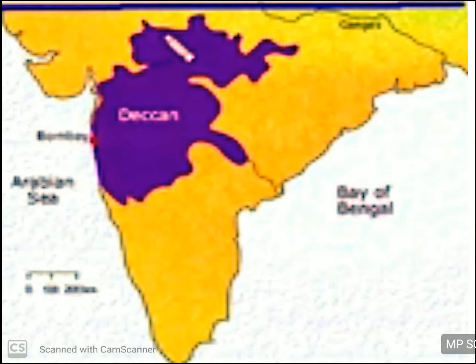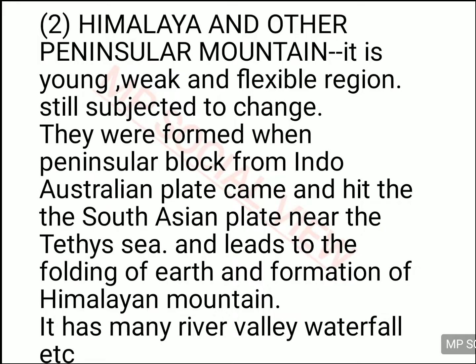This is the peninsular plateau, of irregular triangular shape, the southern part of India, which was once upon a time part of Australia. Now we will see how the second block of India was formed, the Himalaya and the peninsular mountain. This part is actually called young mountains. If you compare it with the formation of the peninsula, it is comparatively young.